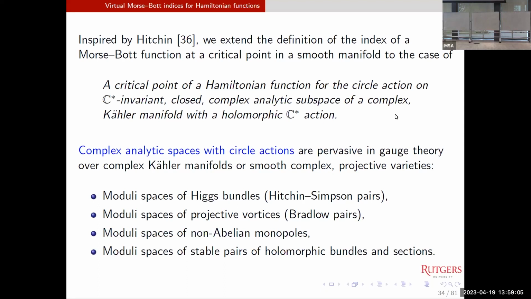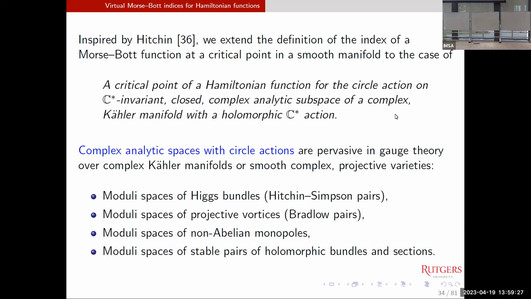This extended definition of the Morse index allows you to consider moduli spaces, and also more generally consider Higgs bundles over scalar manifolds, moduli spaces of projective. That happens to be the one that's relevant to us.